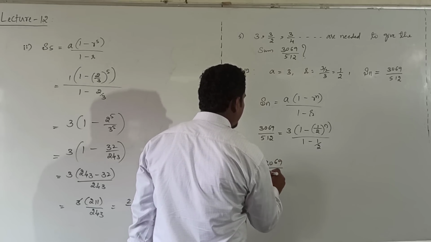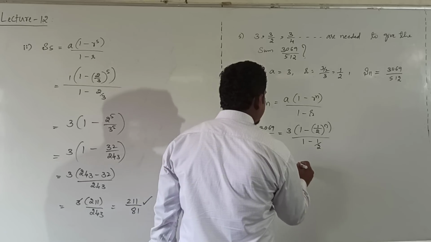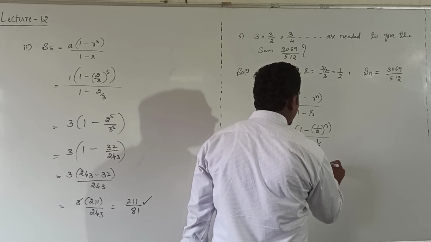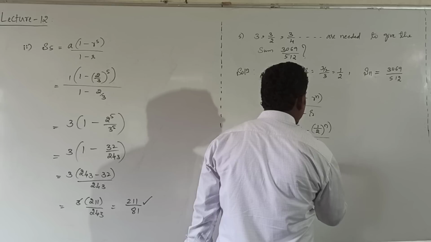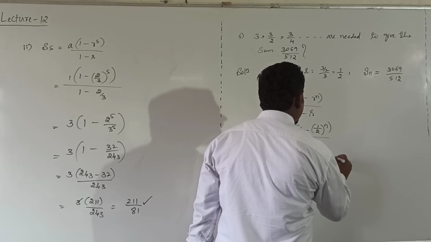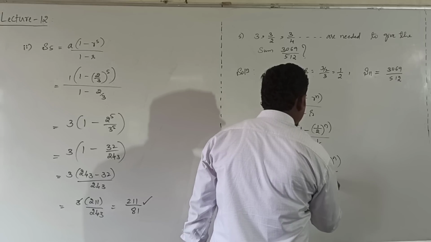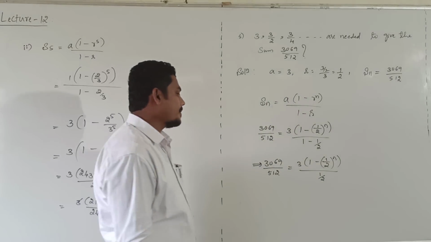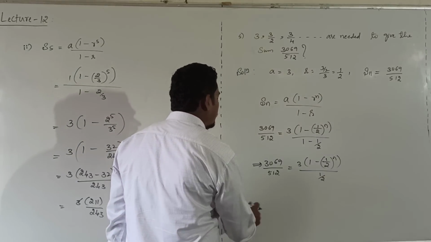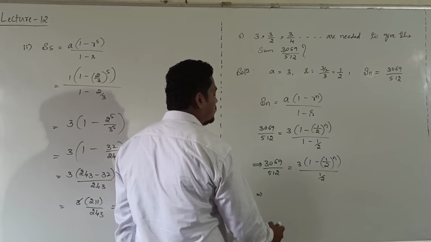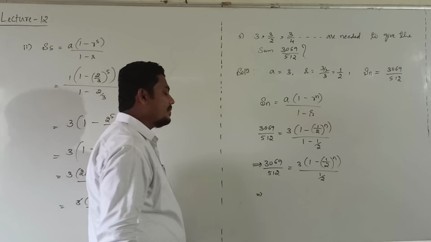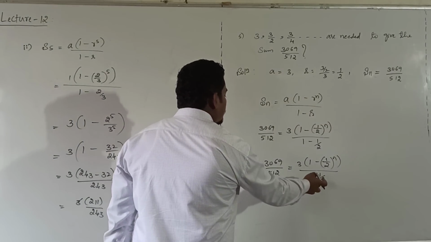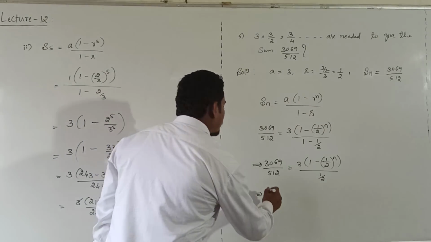Next, 3069 divided by 512 is equal to 3 into 1 minus 1 divided by 2 whole to the power n divided by 1 by 2. The denominator of the denominator becomes the numerator. Just cross multiplication.